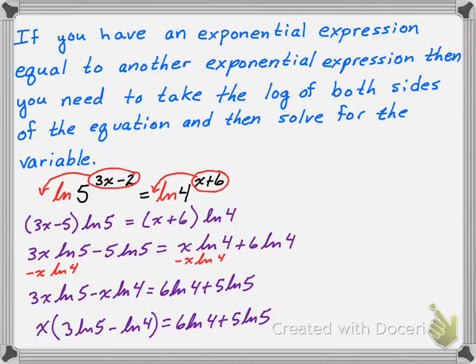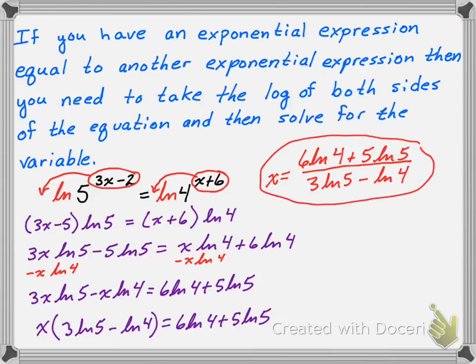All right, so what that gives us then for our final answer is x equals 6 natural log 4 plus 5 natural log 5 over 3 natural log 5 minus natural log 4. And that's how we are going to leave our answer.